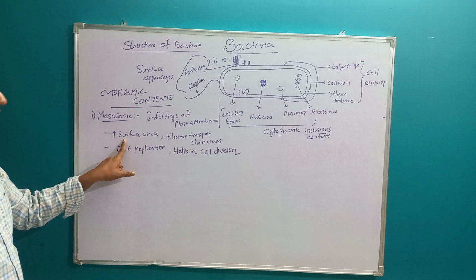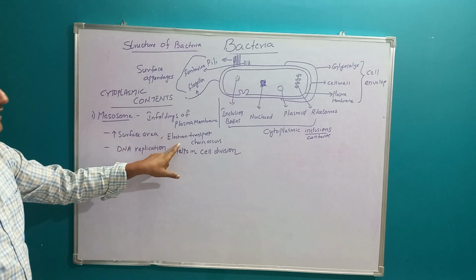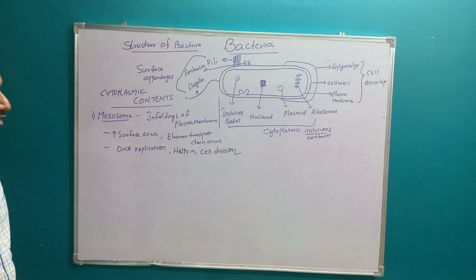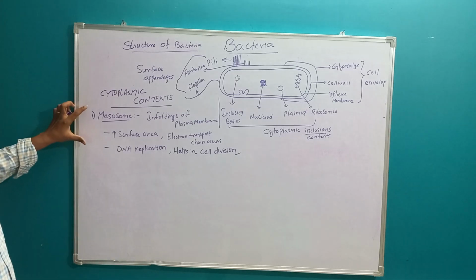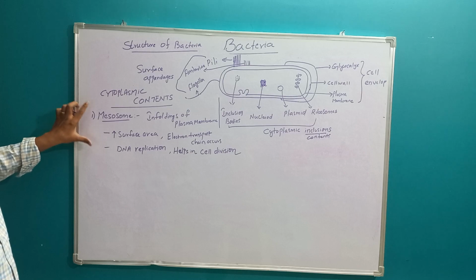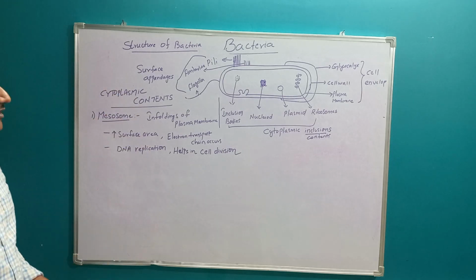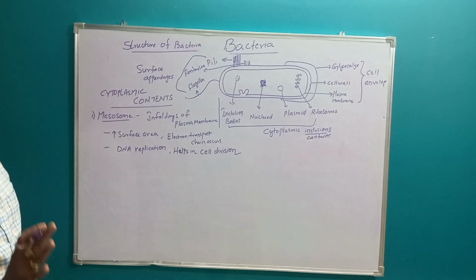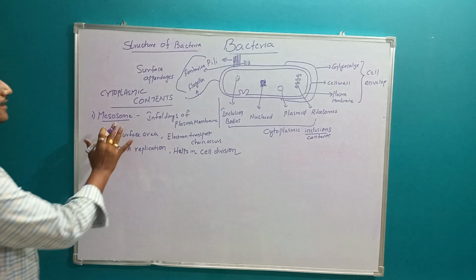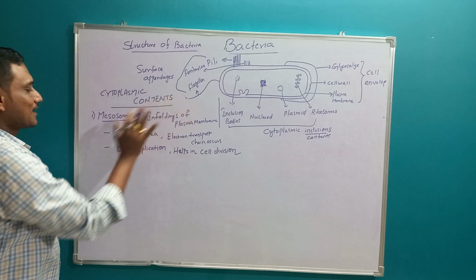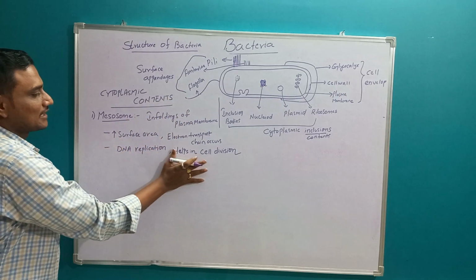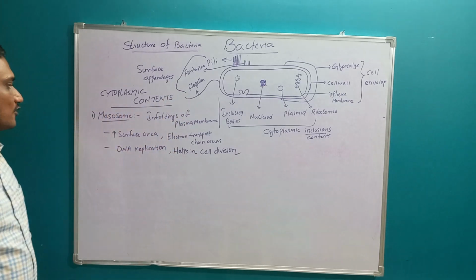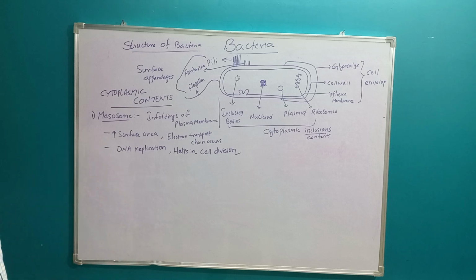So it increases surface area and the electron transport chain occurs in the mesosome. This is like mitochondria in the eukaryotic cell, where this process mainly takes place. Here in prokaryotic cells like bacteria, the process takes place in the mesosome. That is the first structure, the mesosome.